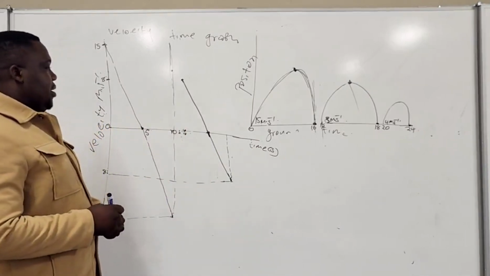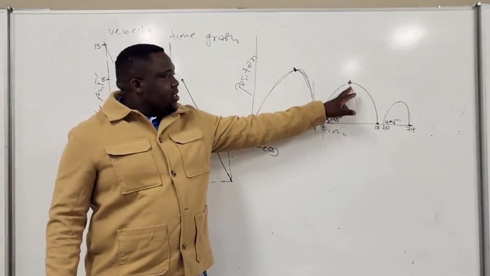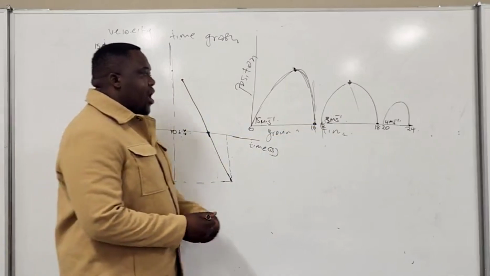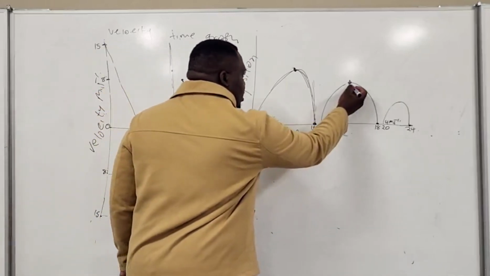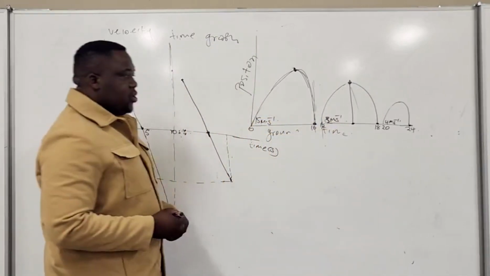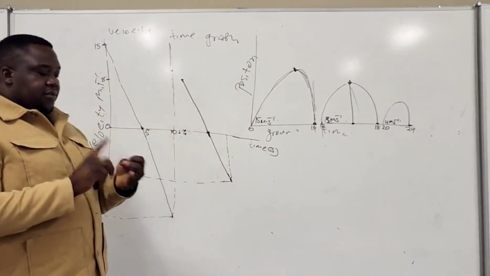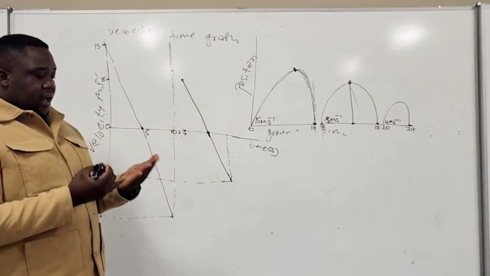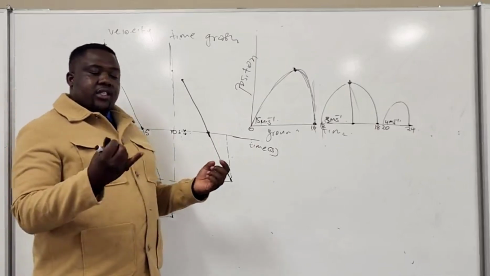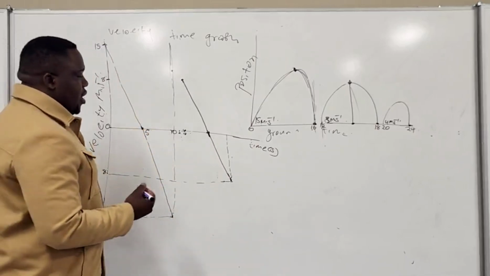So how many seconds did it take to reach up? I'm going to take the half. What is the time between 12 and 18? It's going to be 12, 13, 14, 15, 16, 17, 18. Meaning that the half is 15.